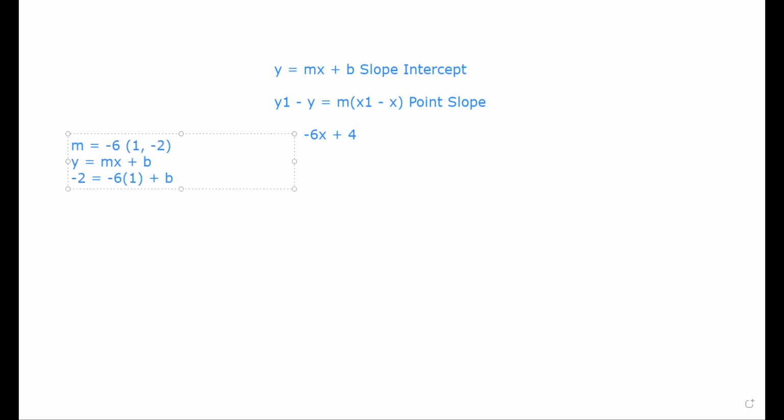That's going to allow us to find the y-intercept. Now it's just equation solving because it's a one variable equation, right? So negative 6 times 1 is negative 6. In order to cancel that, we've got to add 6 to both sides to get the b by itself. So 4 equals b. And there is the y-intercept that Audrey told us.